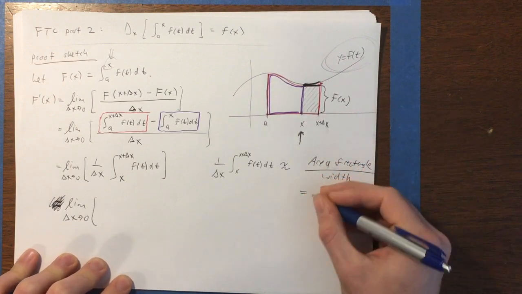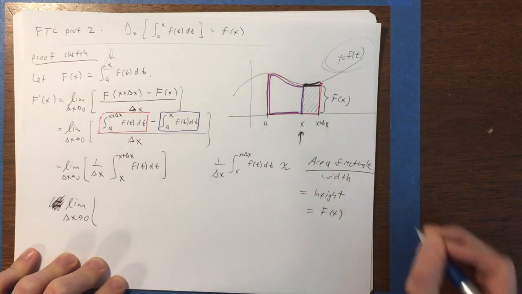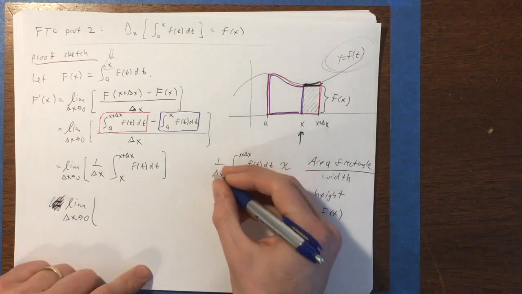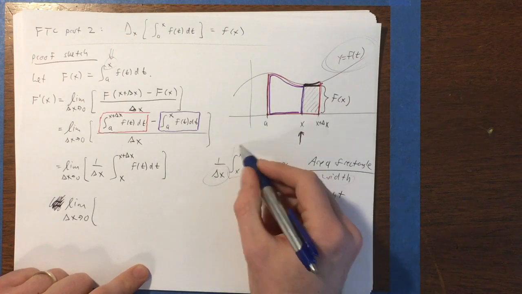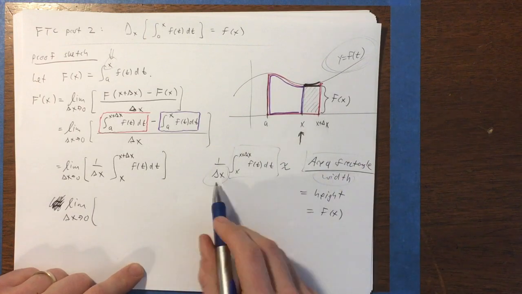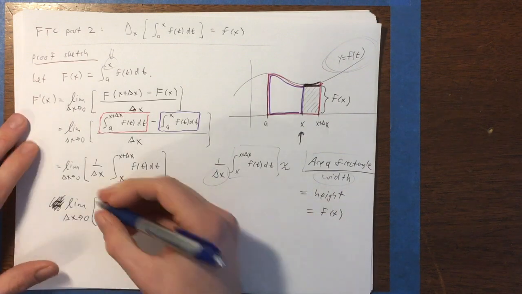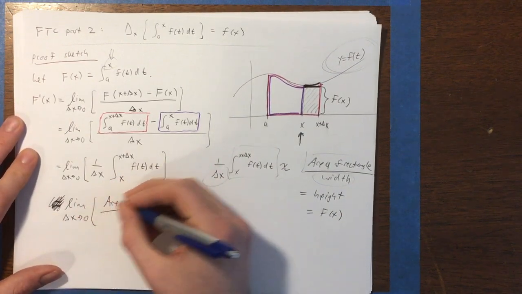So that would equal the height, which we already know equals f of x, because the delta x is the width. If we have the integral, which is approximately the area, divided by the width delta x, then that's the height. So we're taking the limit of area divided by width.